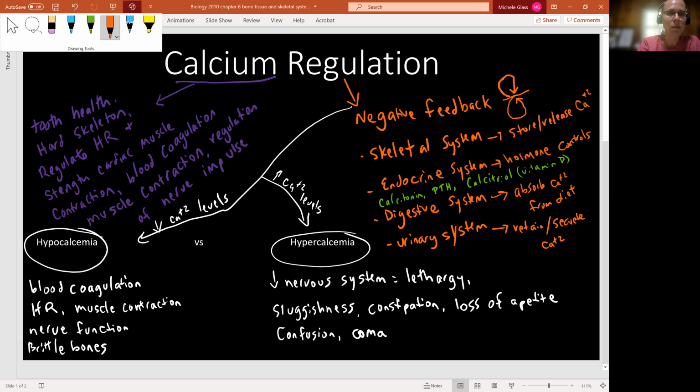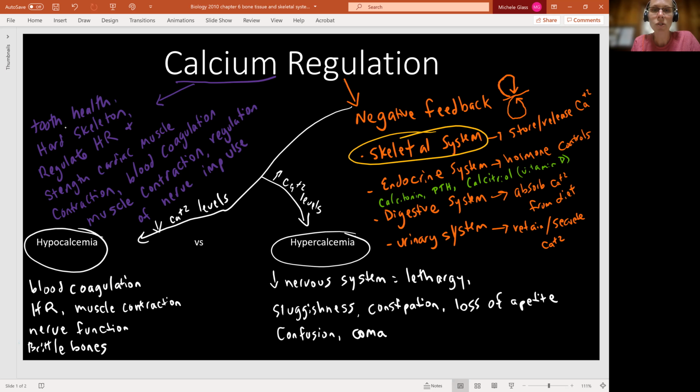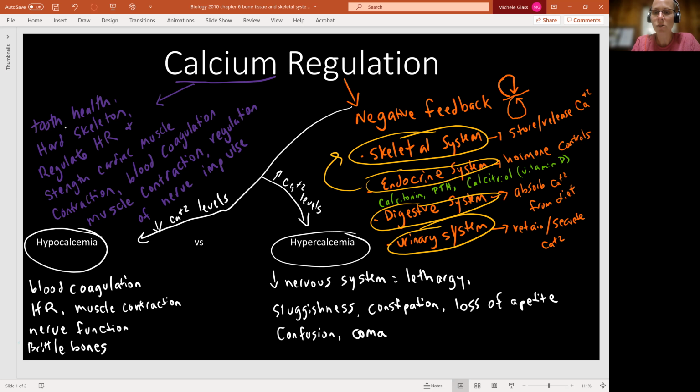So to be clear here, we have the skeletal system, which can store and release calcium. We have the endocrine system, which is the control. We have the digestive system, which can absorb calcium. And we have the urinary system, which can either retain or secrete calcium. So when we talk about the endocrine system, what is it controlling? Who is it talking to? It can talk to skeletal, it can talk to digestive, it can talk to urinary system, specifically the kidney.